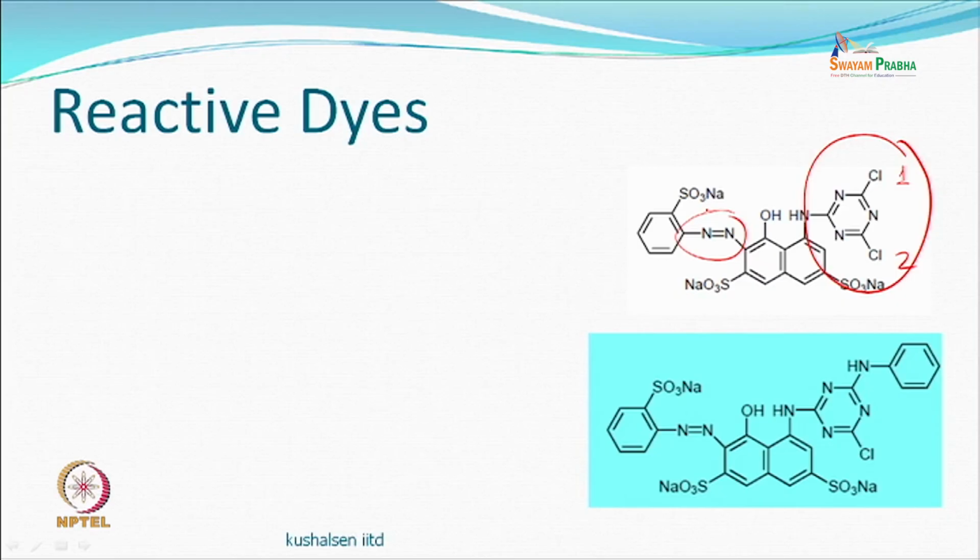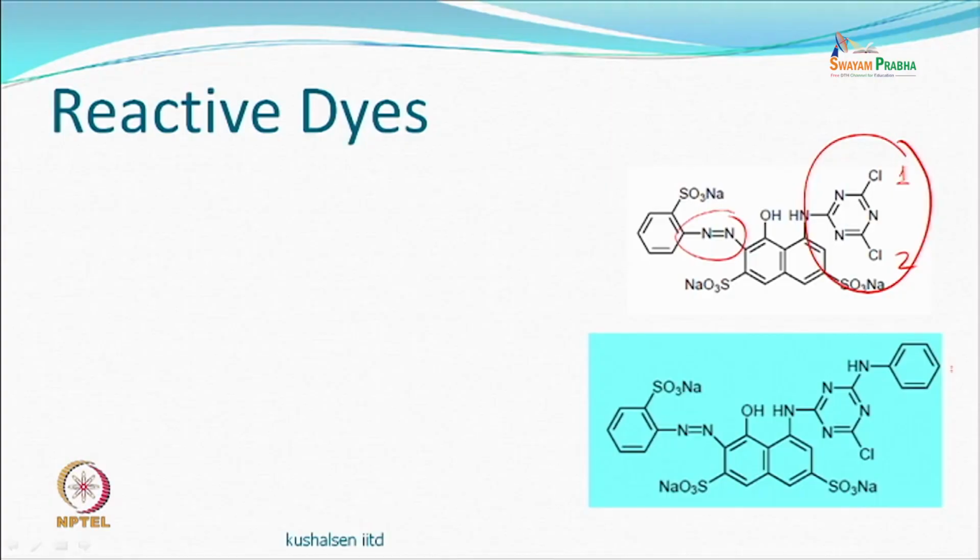And this type of dye we thought is not good for printing because it is more reactive, and we would prefer such dyes which would not react at all, at least at room temperature. You have to take it to 60 degrees to 80 degrees before they fix.